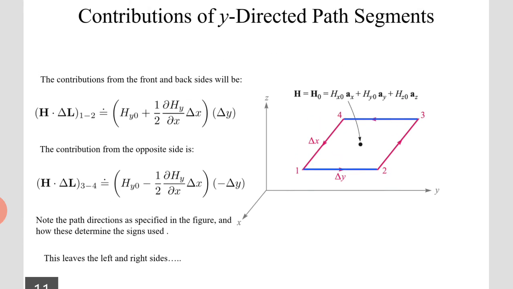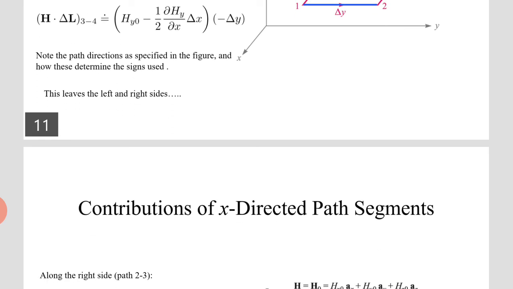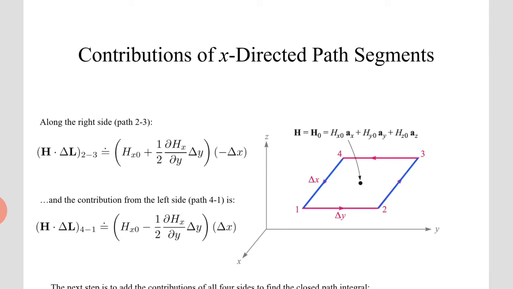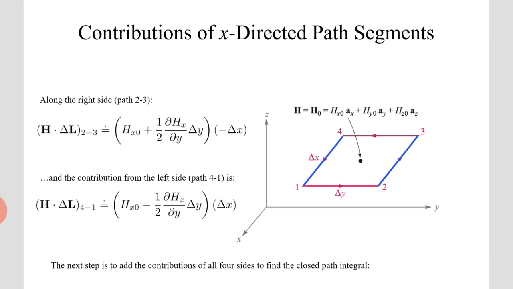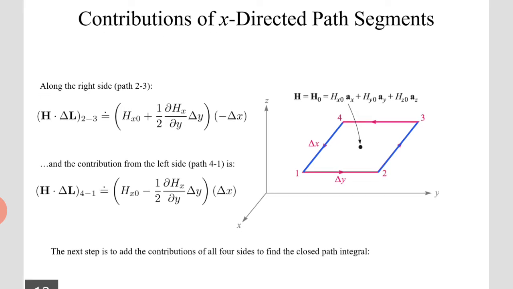Now we have calculated H along the paths 1 2 and 3 4. Next we need to calculate along 2 3 and 1 4. Now the contribution of the x directed path segments. Previously the contribution was along the y directed path segments; now it is the contribution of x directed path segments.